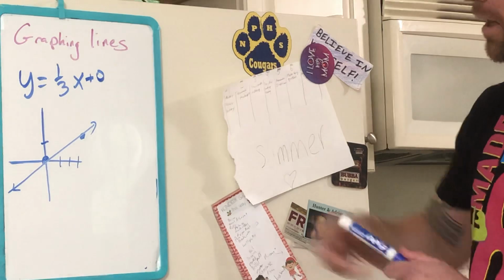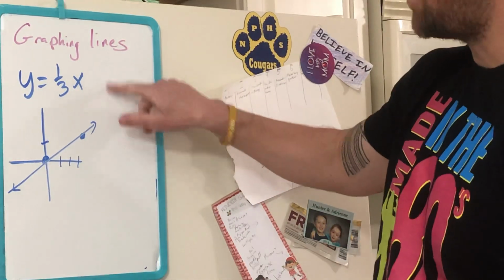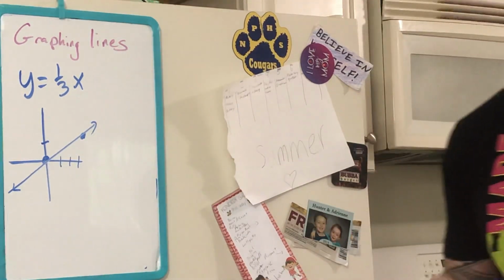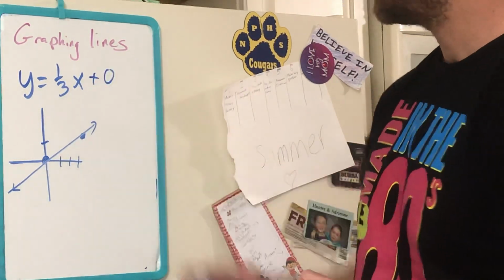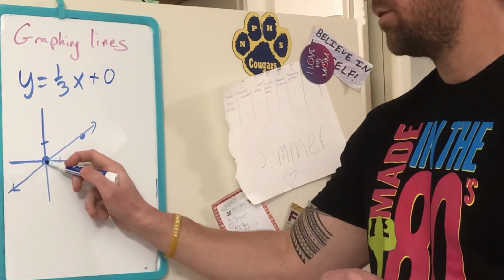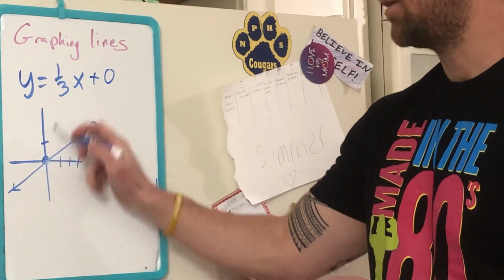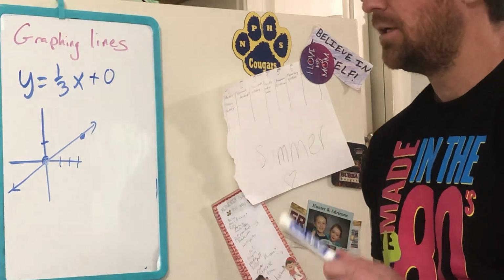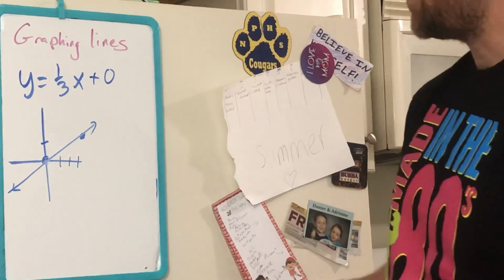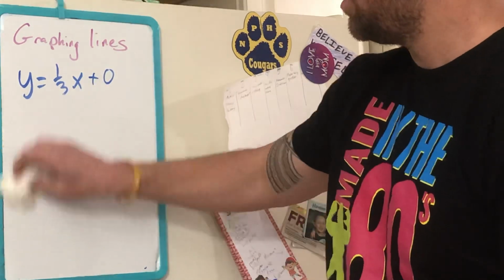Okay, so again, the way we started was y equals 1/3 x without a y-intercept. So I put a 0 there because that's my y-intercept. I start at 0, and from my y-intercept, I go up 1, rise over 3, rise over run. So y equals 1/3 x plus 0.